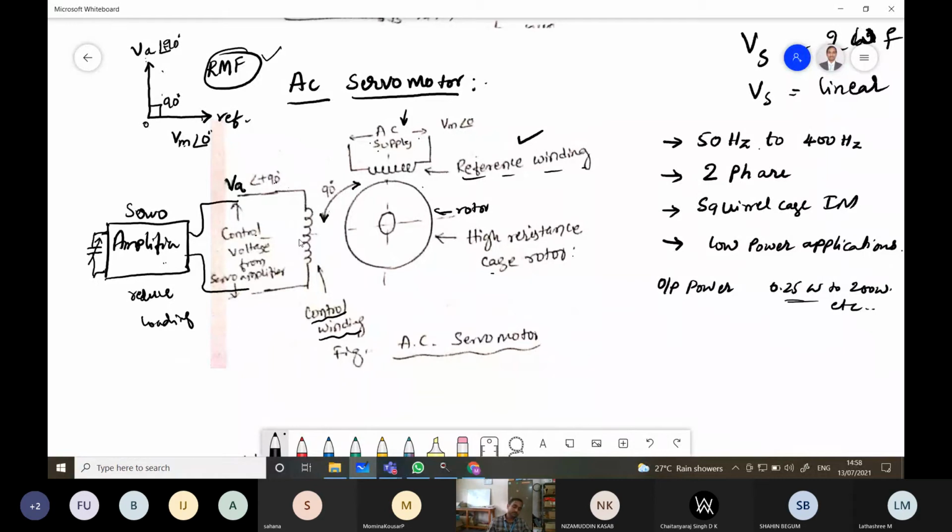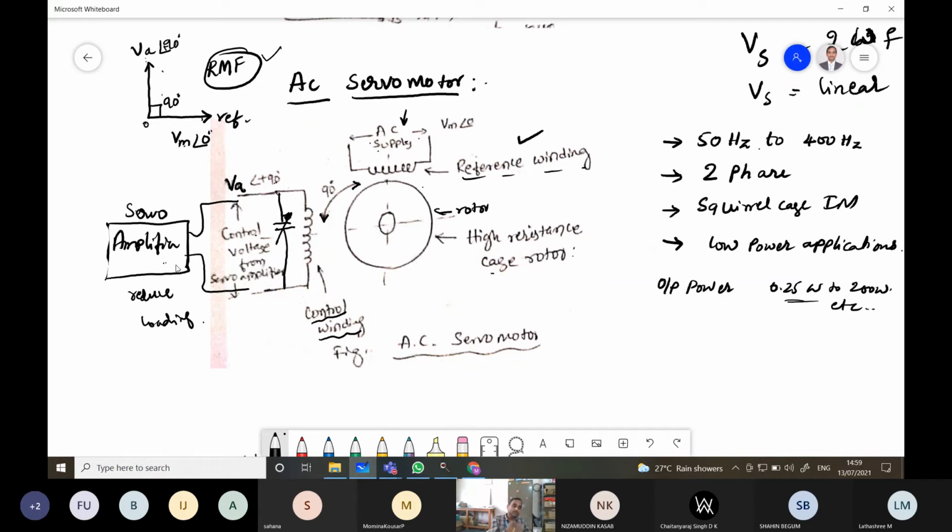We can place the capacitor parallel across the control winding, and by varying this we can reduce the loading on the amplifier. This is about the AC servo motor.